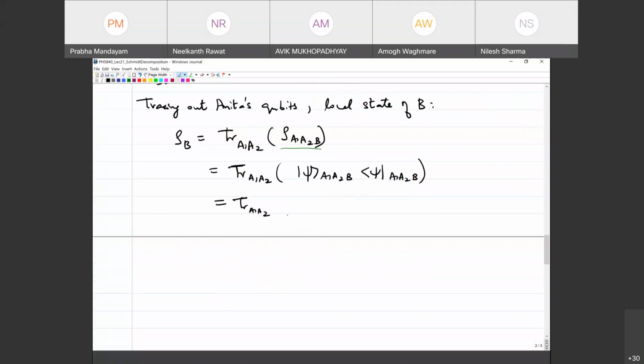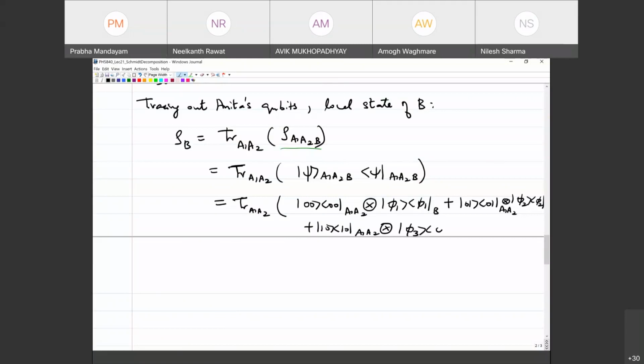So I will have 0, 0, 0, 0 on A1, A2, tensor phi 1, phi 1 on B, plus 0, 1, 0, 1 on A1, A2, tensor phi 2, phi 2 on B, 1, 0, 1, 0 on A1, A2, tensor phi 3, phi 3, plus 1, 1, 1, 1, tensor phi 4, right?